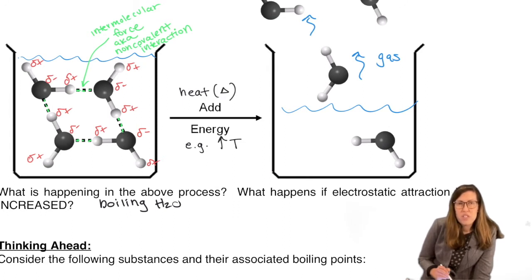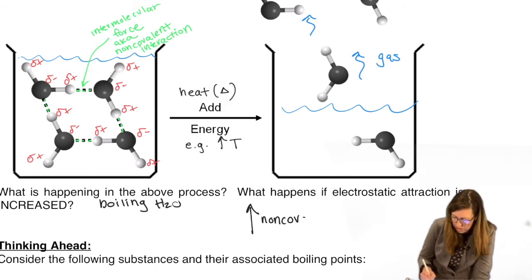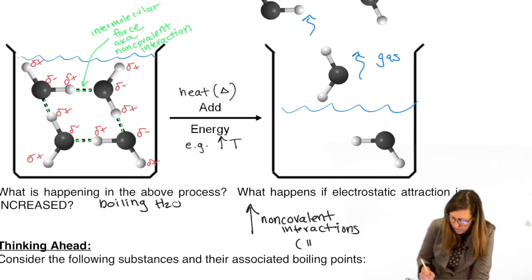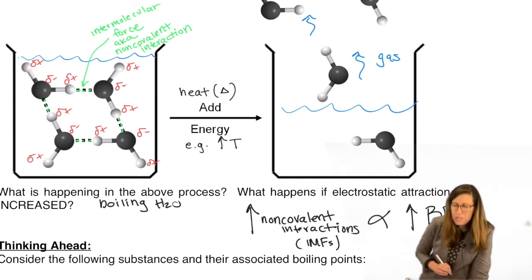The one with stronger IMFs, right? So in other words, let's write that trend. If we increase non-covalent interactions, IMFs, that correlates to an increase in boiling point.